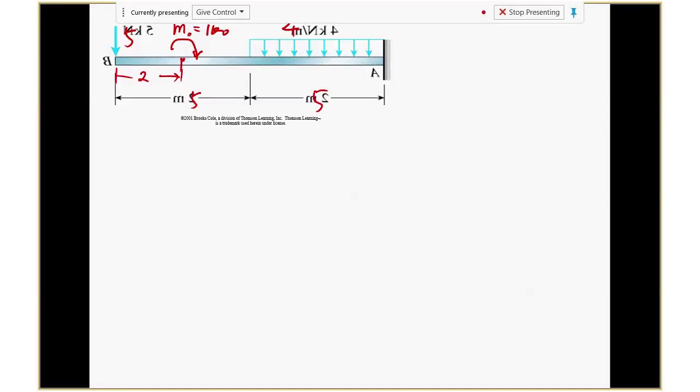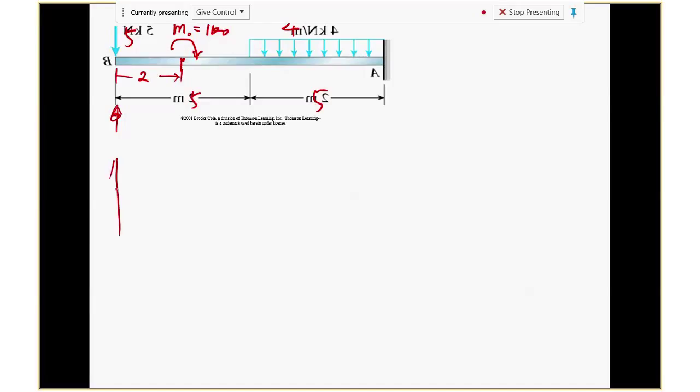Because it's a cantilever beam, is there any reaction here? RB here? No. So I know RB equals 0. Immediately, I can skip step 0 because I can start right away. I know RB at this point is 0, so I can immediately start.